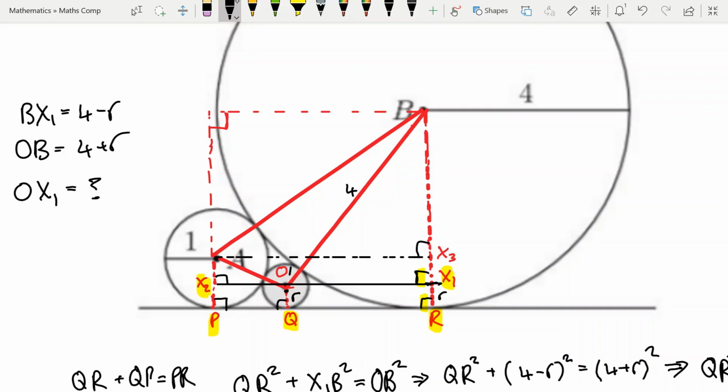We can do the same sort of logic with the triangle OAX2.